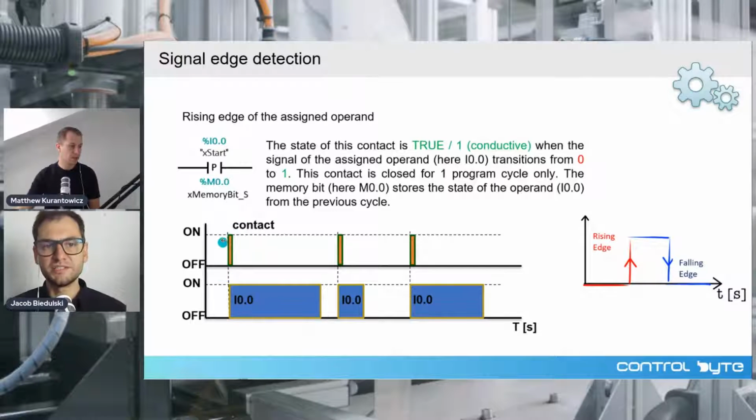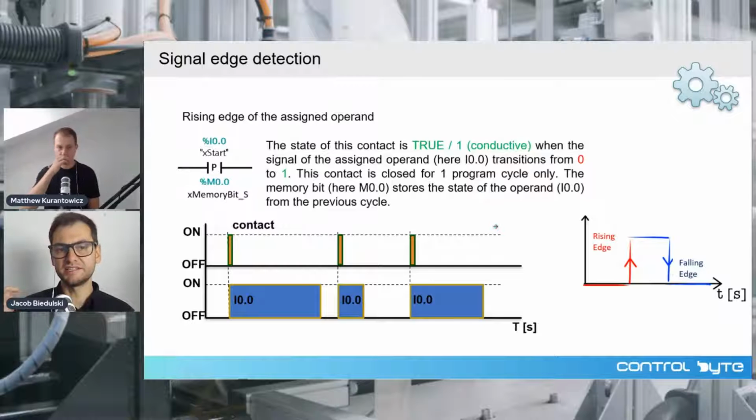What is important about this instruction in comparison with the other trigger instructions is that this instruction only detects the trigger on a sole signal. So if you have, for example, an X start variable, it detects the rising edge on this signal. The other instructions can be used to detect a trigger of a code or a combination of other instructions.